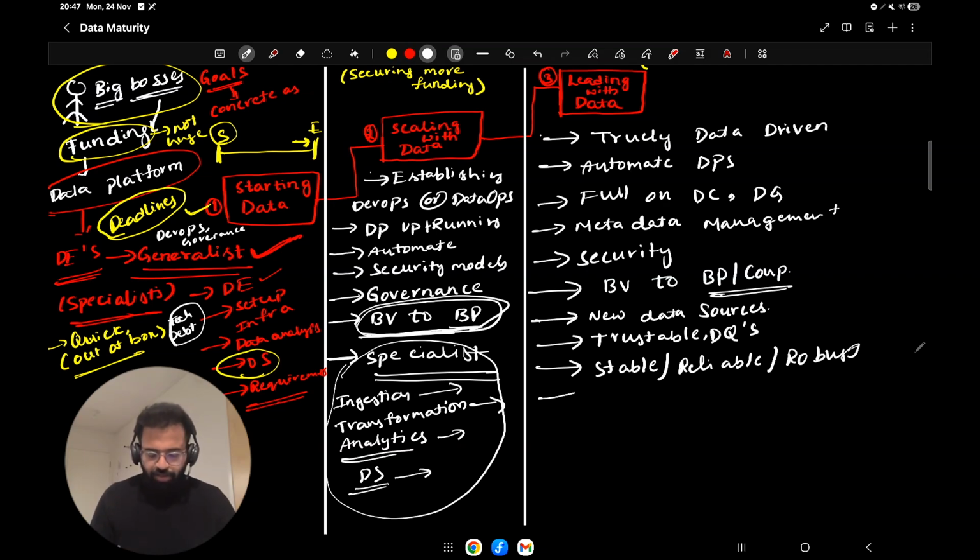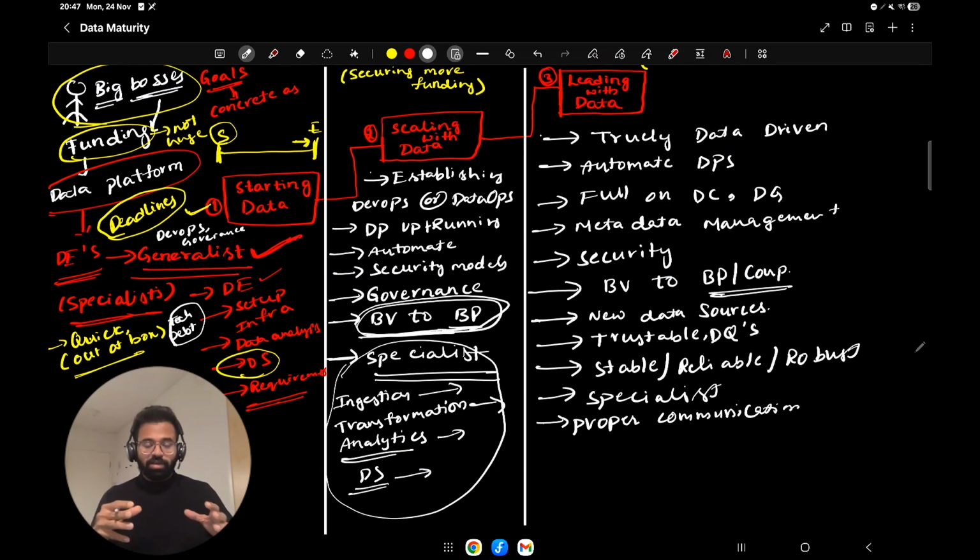And here also you will have specialist roles. But even among the specialist roles, proper communication has been established. Everyone knows what to do, everyone is in proper sync and communicating effectively, and getting the value to the business at all times.